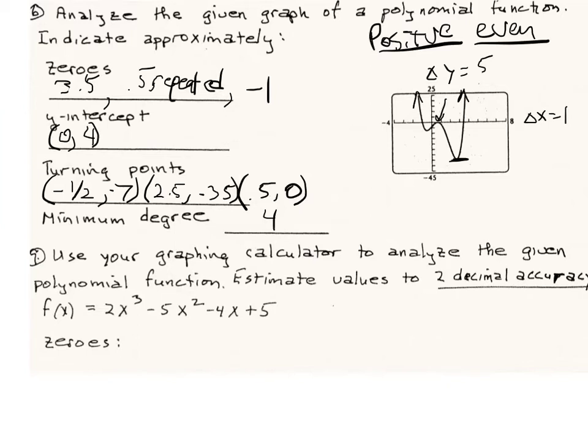Okay. And then lastly, using your graphing calculator to analyze the given polynomial function, we want to estimate the zeros to 2 decimal accuracy. So I'm going to enter this in, 2x cubed minus 5x squared minus 4x plus 5, and I graph.